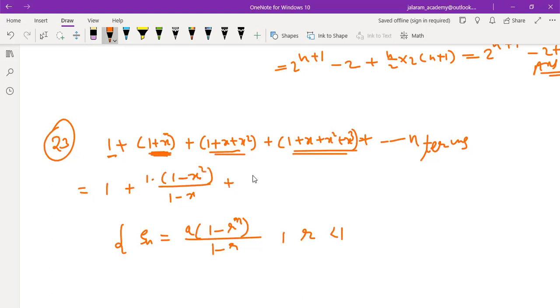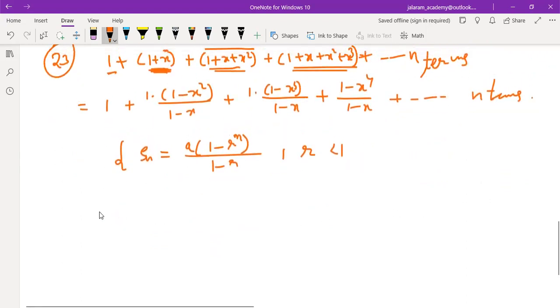Plus, in the third, it is a GP of 3 terms. So the formula is 1 into 1 minus x cube over 1 minus x. In the fourth, it is a GP of 4 terms, 1 minus x to the power 4 upon 1 minus x, and so on up to n terms. This means there will be an nth term also, which will be the GP of n terms. Now look at this.